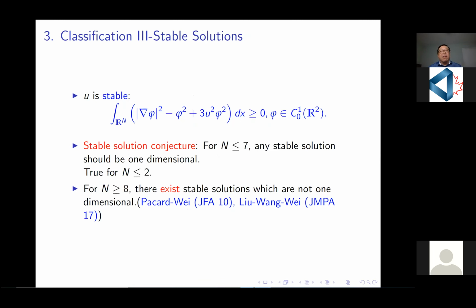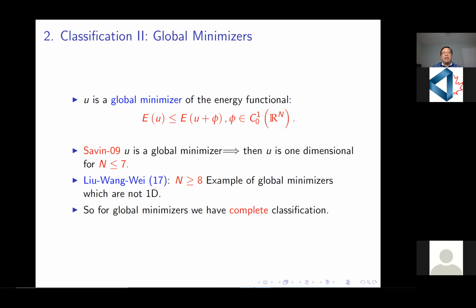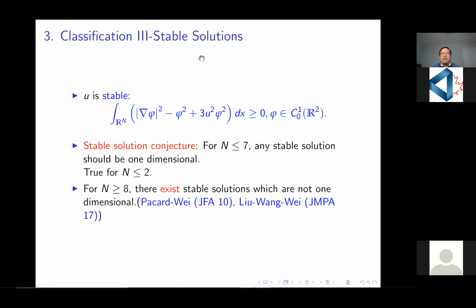All right, so let me go to the third classification, stable solutions. The difference: a global minimizer implies stable, but global minimizer is a global condition, while a stable solution is just a local condition. It's a spectrum condition, meaning your solution is locally stable.